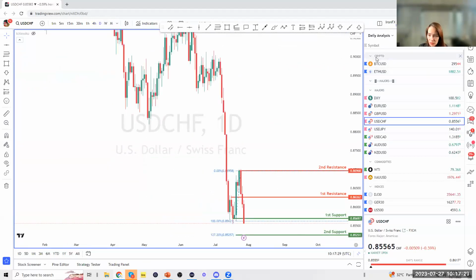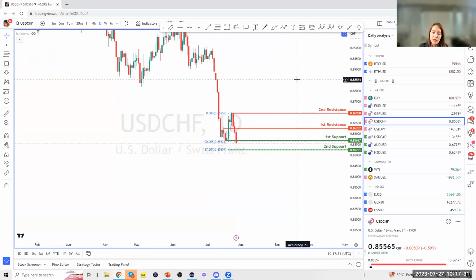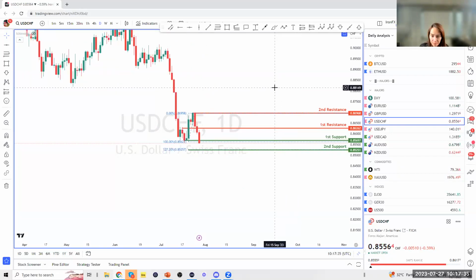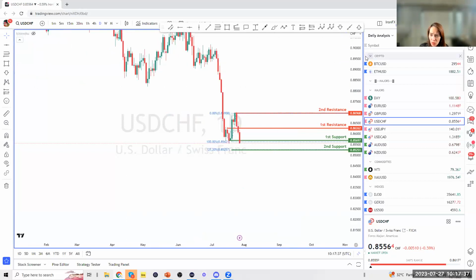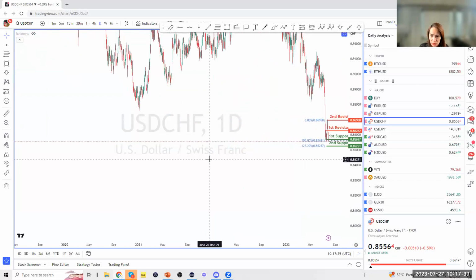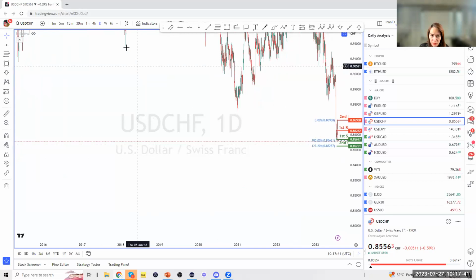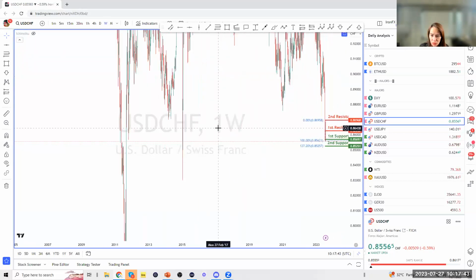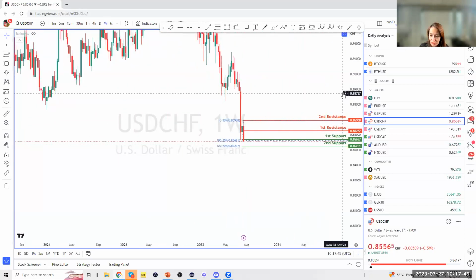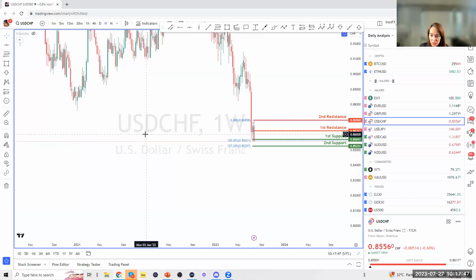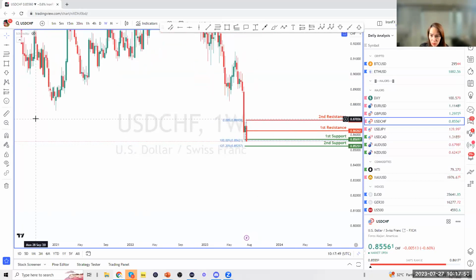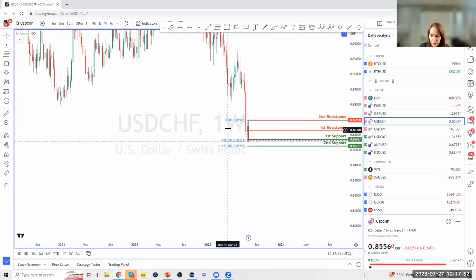Let me just look at the daily time frame. You see, like this morning when I did my technical analysis, price has broken everything. You see all the way to the left, we don't have anything here. So I need to go to the weekly time frame. But what I can see here, we still have nothing over here at all.